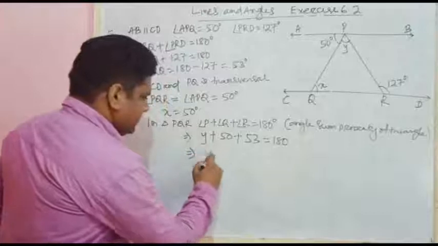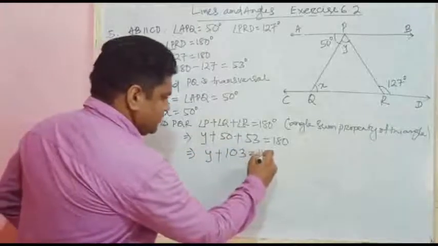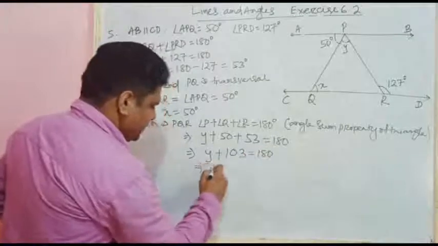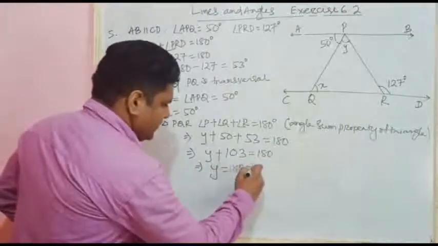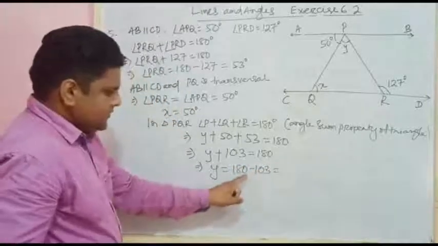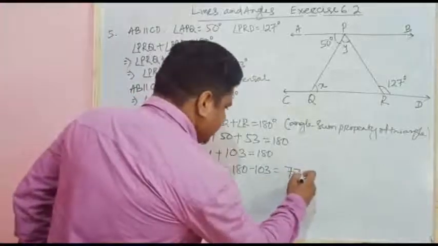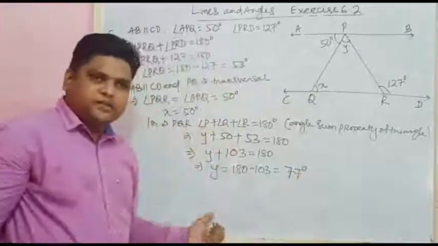This implies that y plus 50 plus 53, which is 103, is equal to 180, or this implies that angle y is equal to 180 minus 103. It will be 77 degrees. Now we have solved number 5.